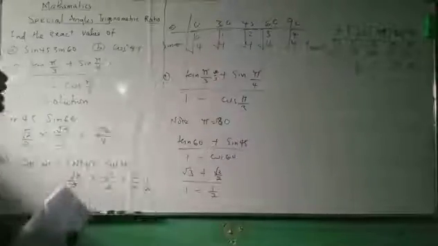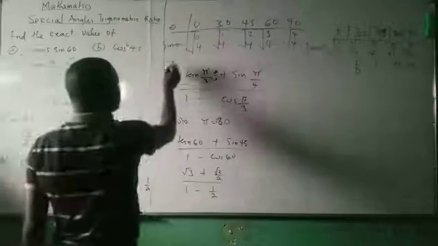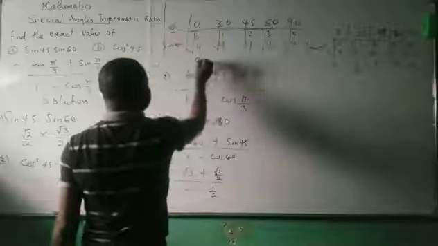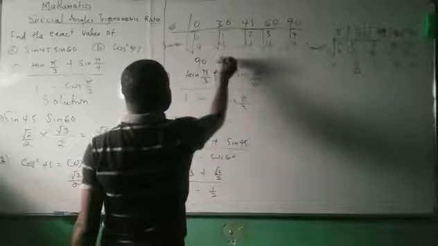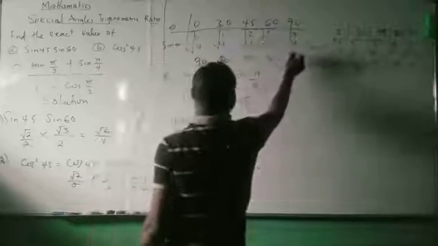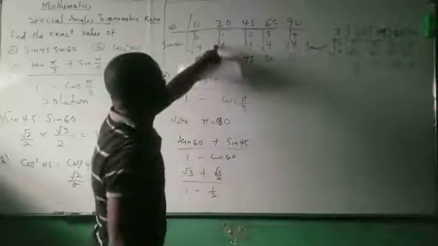We have done cos earlier because I've told you that my cos is a reversal of this. It means here will be 90, 60, 45, 30, and 0. It means cos 60 will give us 1 over 2.